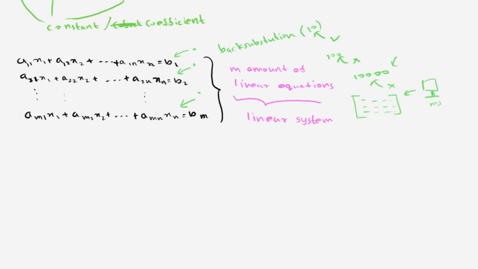There are two types of matrices. The first one is the coefficient matrix. If we represent this linear system by using a coefficient matrix, it will look like this.